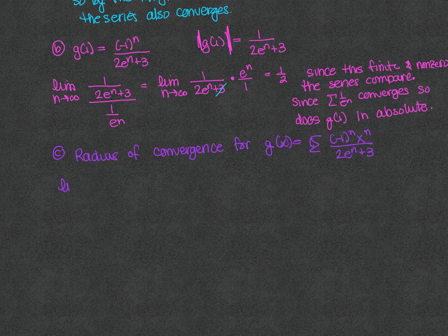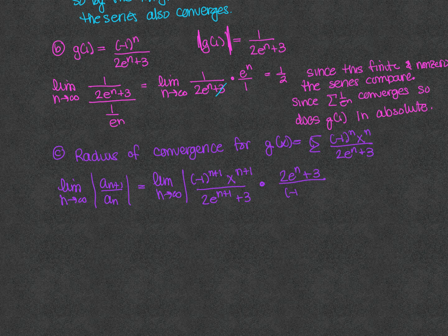So we're going to look at the limit as n goes to infinity of a n plus 1 over a n. So the first one would be negative 1 to the n plus 1, x to the n plus 1, all over 2e to the n plus 1 plus 3. And I'm immediately going to multiply by the reciprocal. Now we go through and cancel whatever we can.